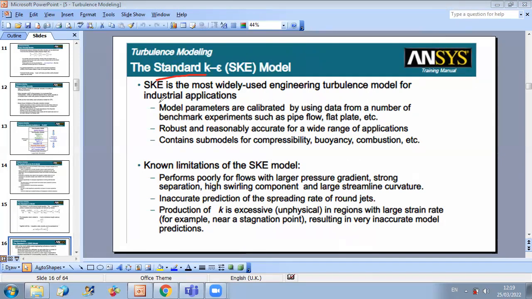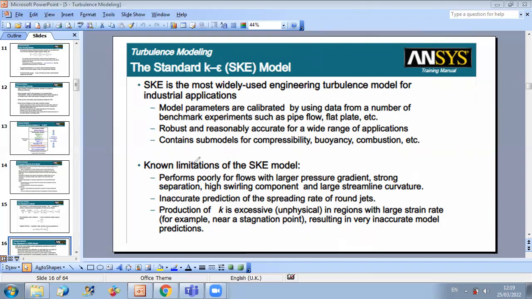The model parameters of the standard K epsilon are calibrated by using data from a number of benchmark experiments. So as we mentioned before, these constants involved in the differential equations are determined experimentally. So let's say we performed several experiments on typical engineering problems like pipe flow, flat plate, to come up with these constants.